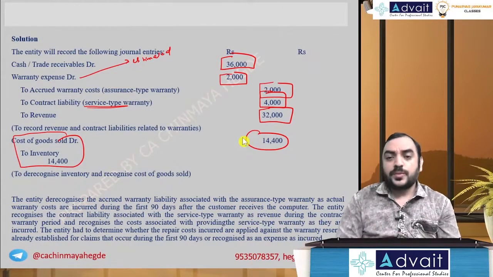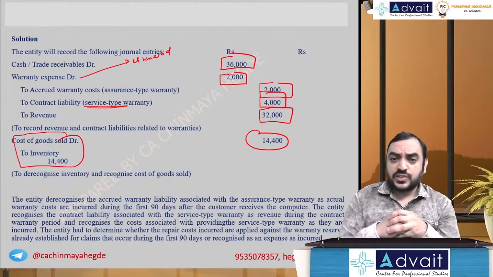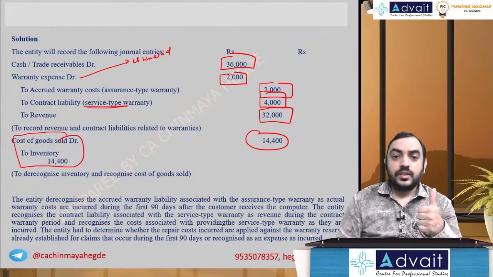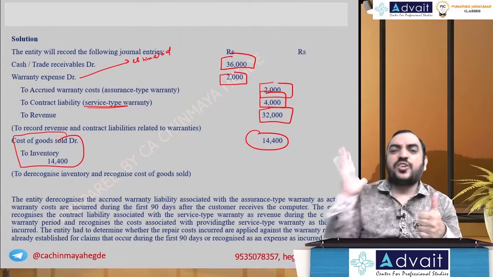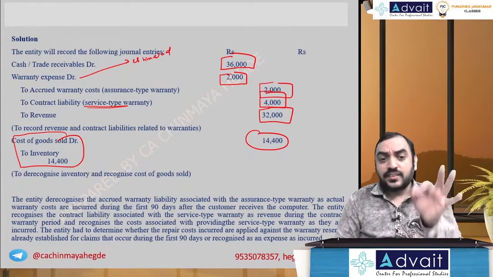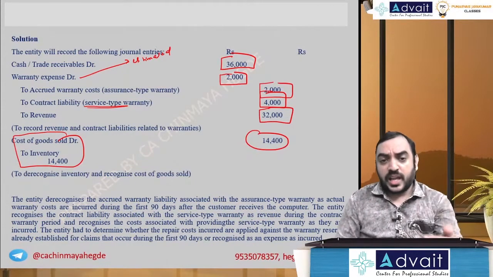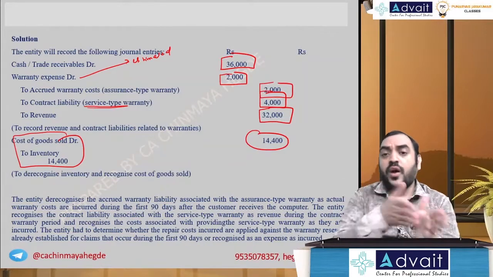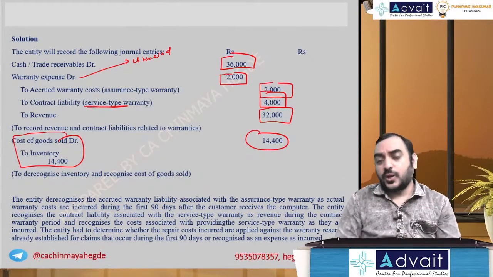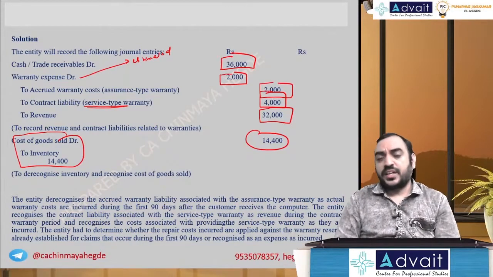Now what will happen to this 2000 warranty expense? They have not asked, but I'll tell you for your reference. Three things can take place. One, you incur exactly 2000 rupees. In that case, the warranty expense is done and you transfer that to P&L. Warranty liability 2000, warranty liability to bank 2000. That is, everything happened as per expectation.